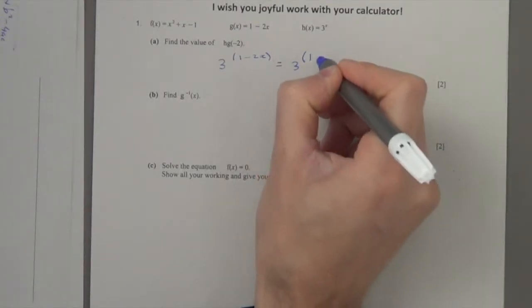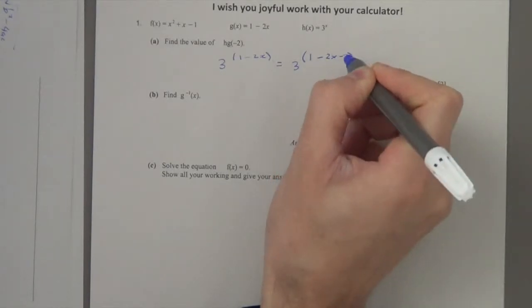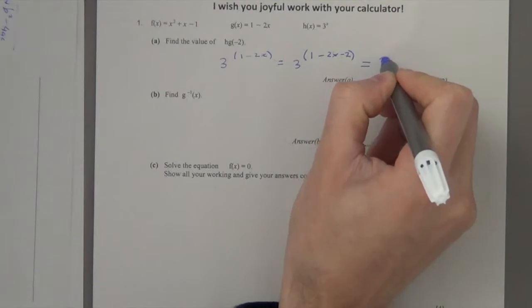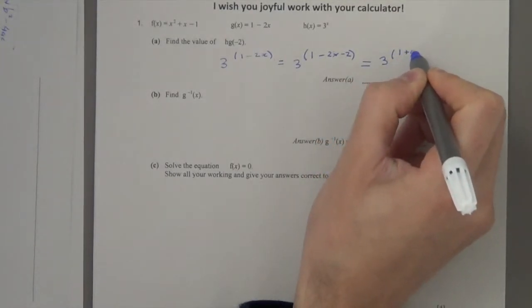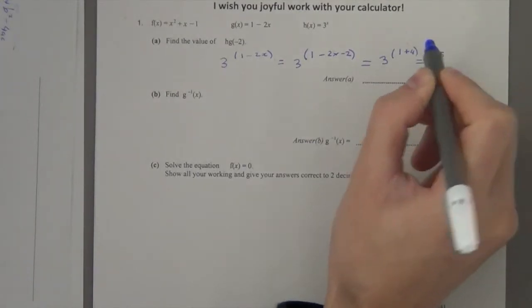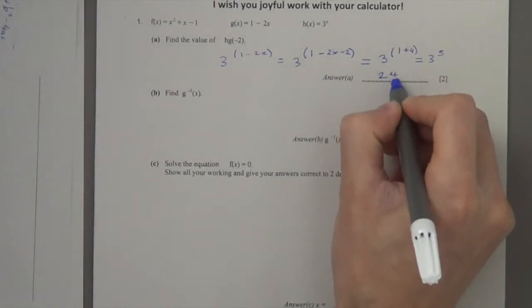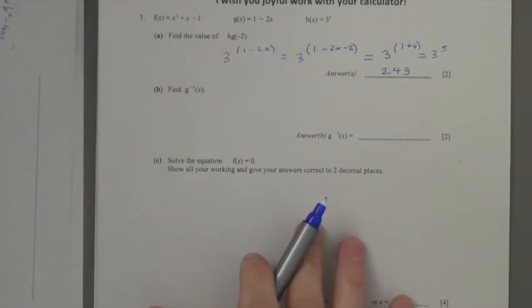So it becomes 1 minus 2 times minus 2, which becomes plus 4, which is 3 to the 1 plus 4, which is 3 to the 5. If you do that on your calculator, you get 243 as your answer. Okay, next one.